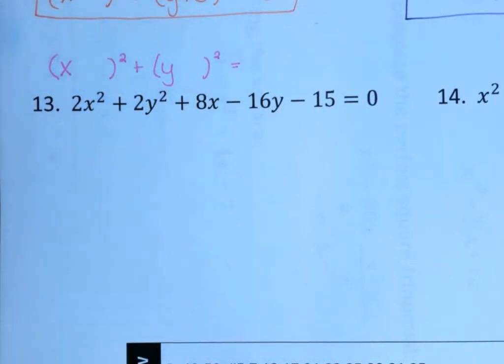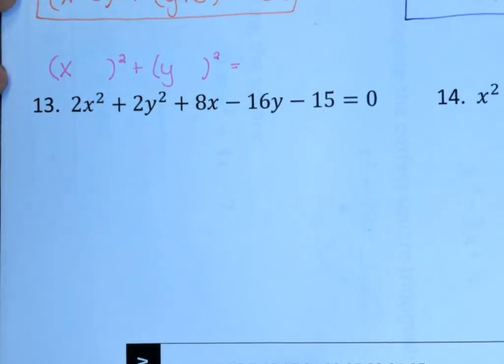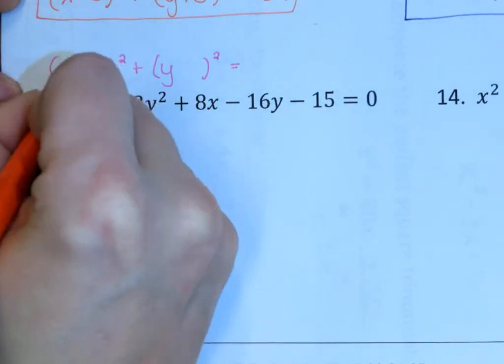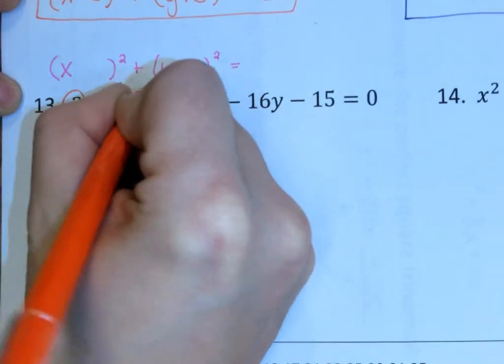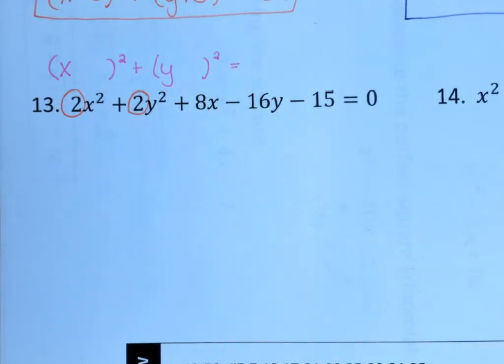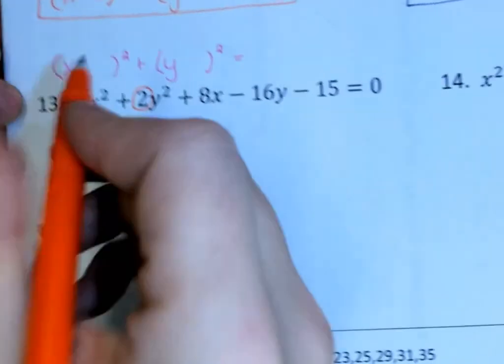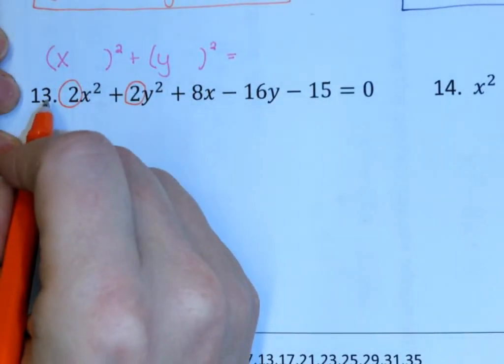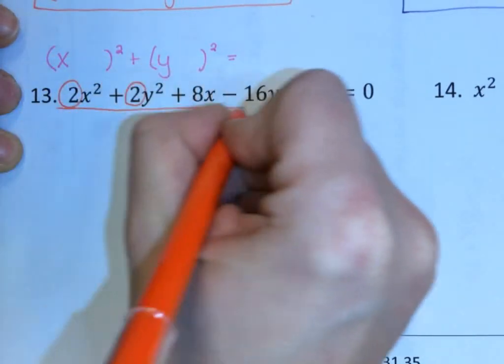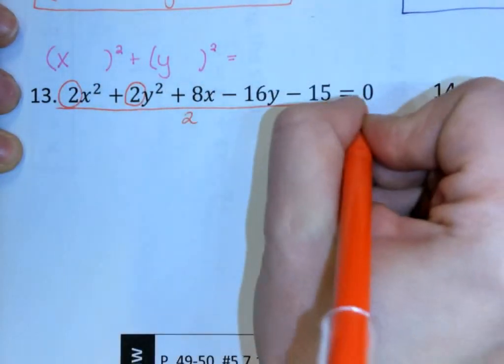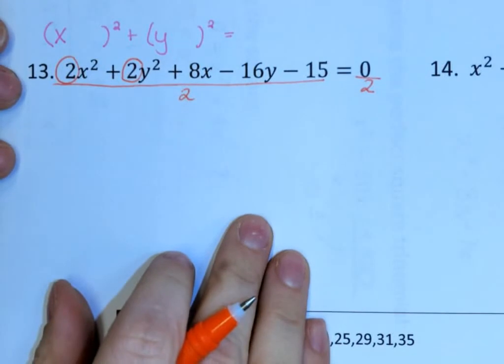Now, since completing the square revolves around that dude who's squared, I am actually going to start by getting rid of those 2's, because that number in front is going to make it a little bit trickier. Okay? So, how can I get rid of a 2? Divide the entire shebang by 2.